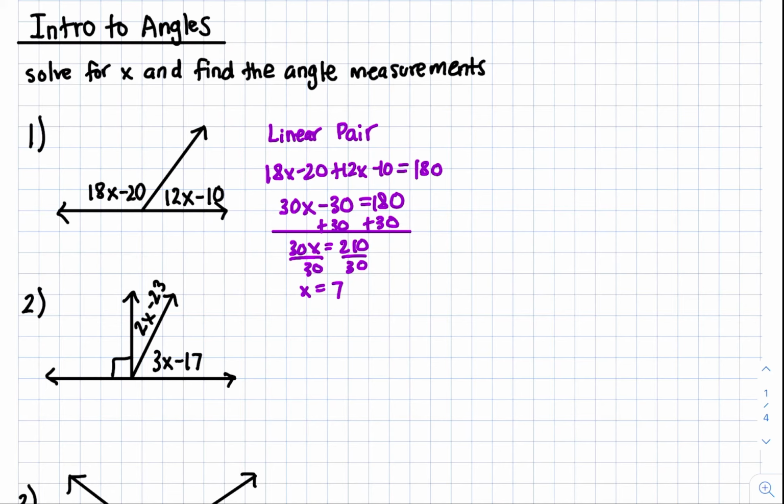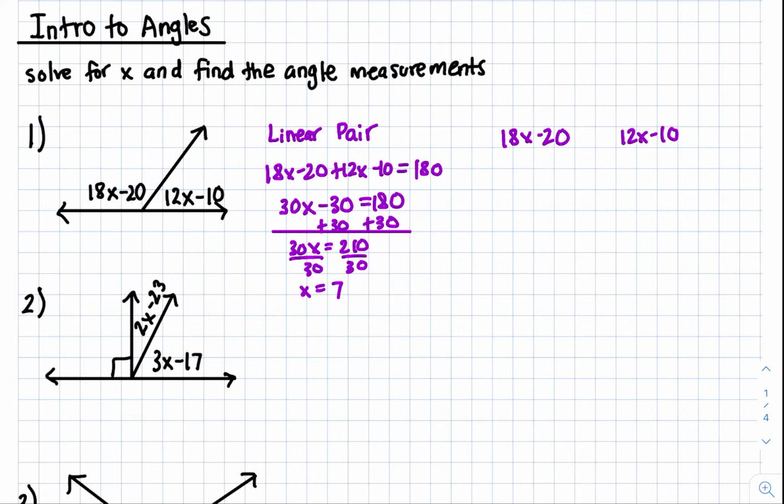So, you solve for x, but now you have to find the angle measurements. You find the angle measurements by substituting your value of x into both of these. So we have 18x minus 20 over here, and 12x minus 10.